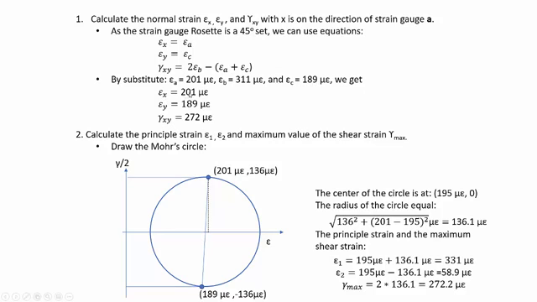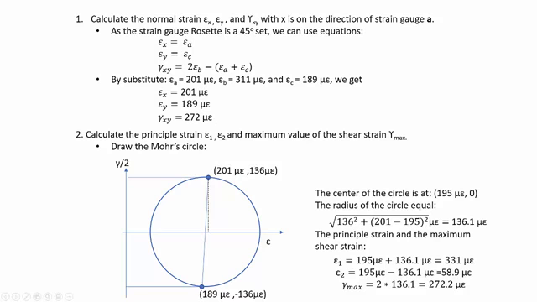Epsilon x is exactly equal to epsilon A, that is 201, epsilon y equals 189, and the shear strain gamma xy equals 272 mu epsilon.